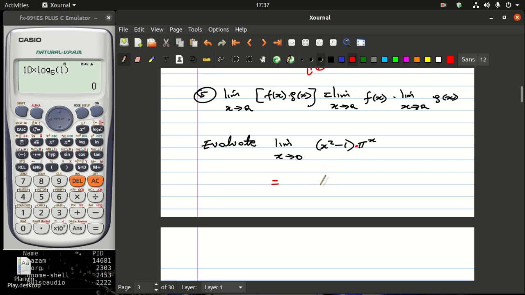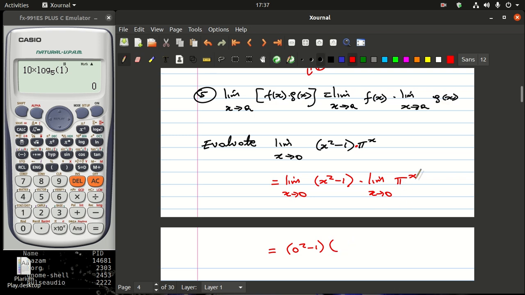So now what we only care about is evaluating this limit. This limit is going to be the limit as x approaches 0 of x squared minus 1 times the limit as x approaches 0 of pi raised to x. First thing is, let's plug in and see what we are getting. If we plug in a 0 here, we end up having 0 squared minus 1.